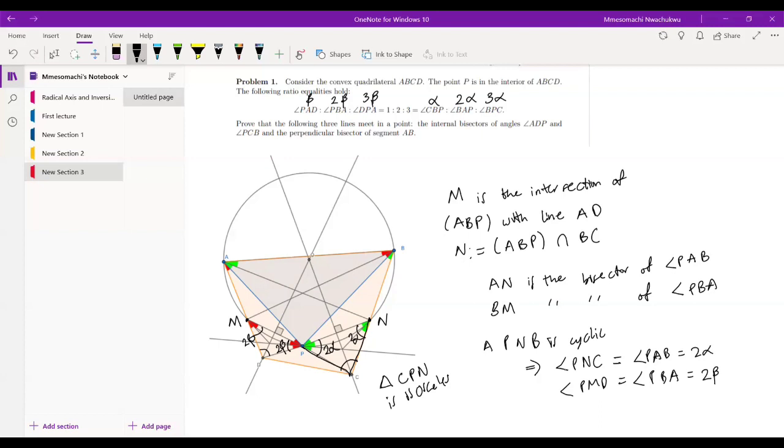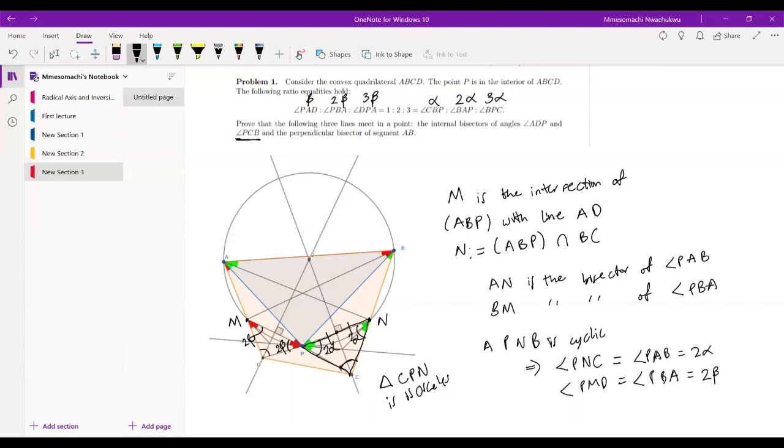Okay. And now we're talking of the angle bisector of PCB. Since the question talks about the angle bisector of PCB, it is also the angle bisector of angle PCN in this isosceles triangle. So it means it's going to be the perpendicular bisector of PN. Okay. So take note of that. It's the perpendicular bisector of PN.